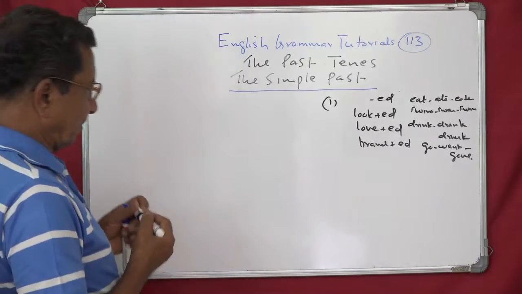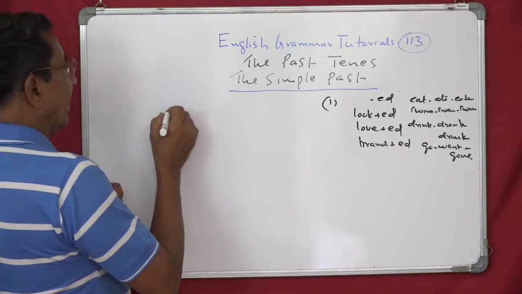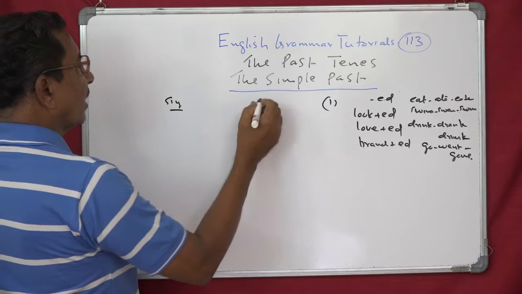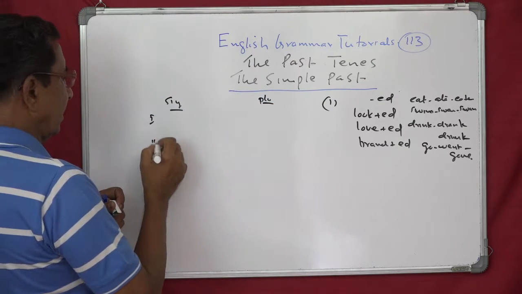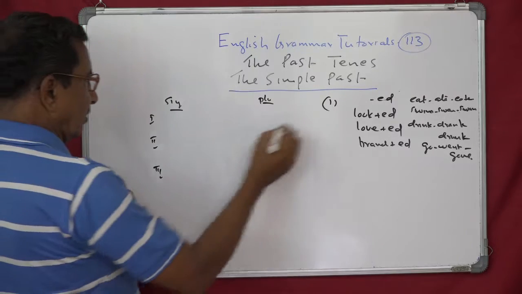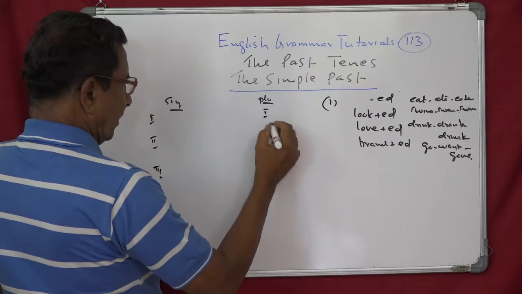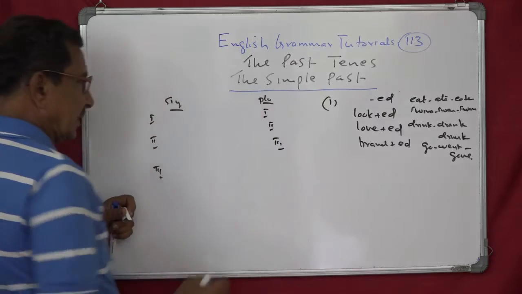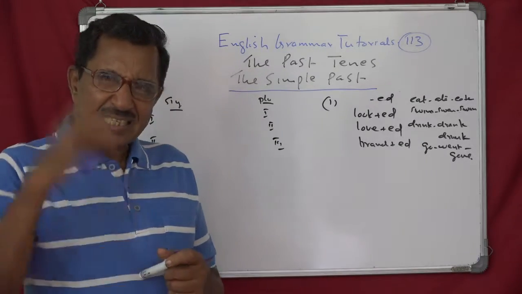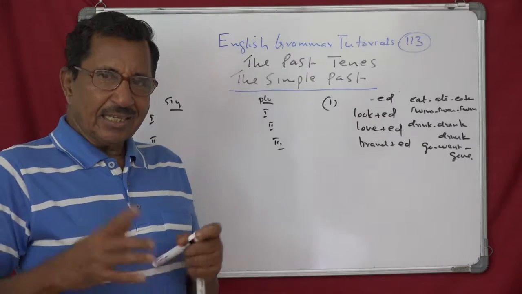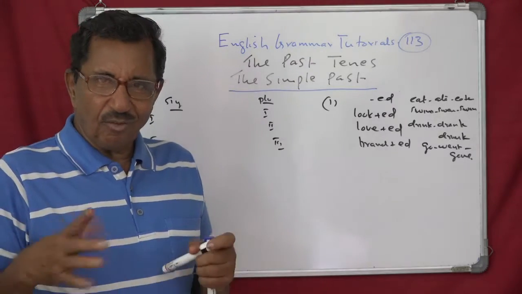Then distribution. Second point is singular, plural. And you have persons, first person, second person, third person. Here also you have first person, second person, third person. So past tense is, we can say, the easiest of all tenses, because the distribution is easy. There is only one form.